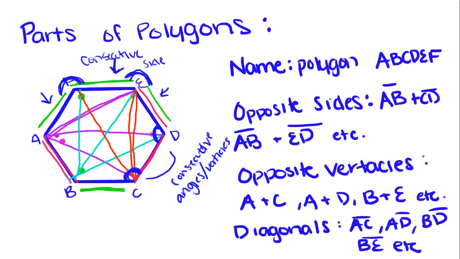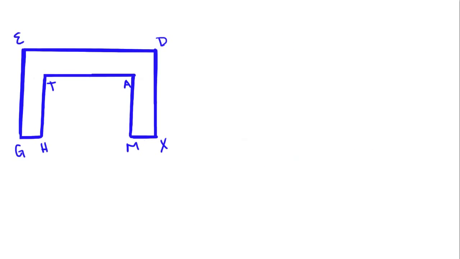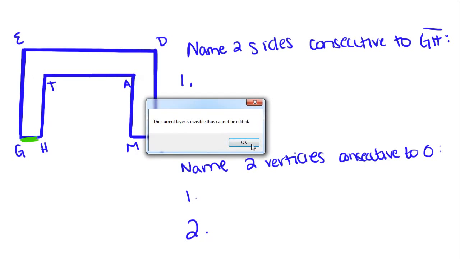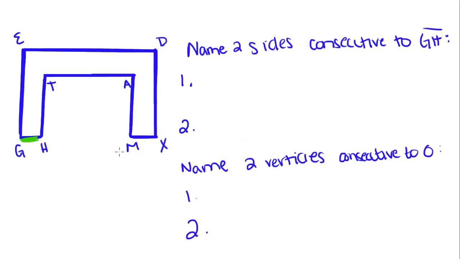Okay, so going back to our example, this side right here, we want two consecutive sides to it. So this side falls next to GH, and this side falls next to GH.